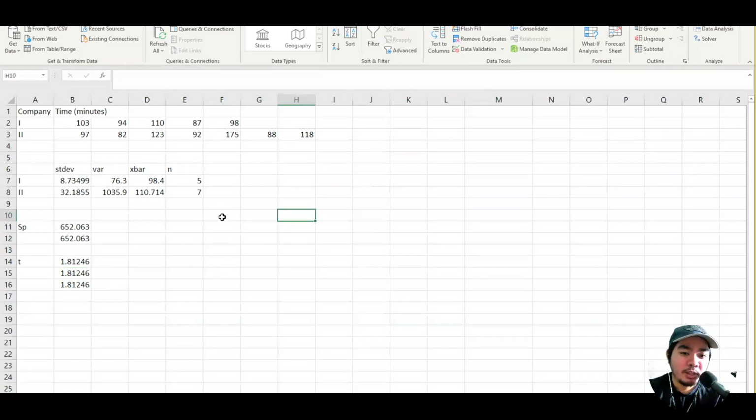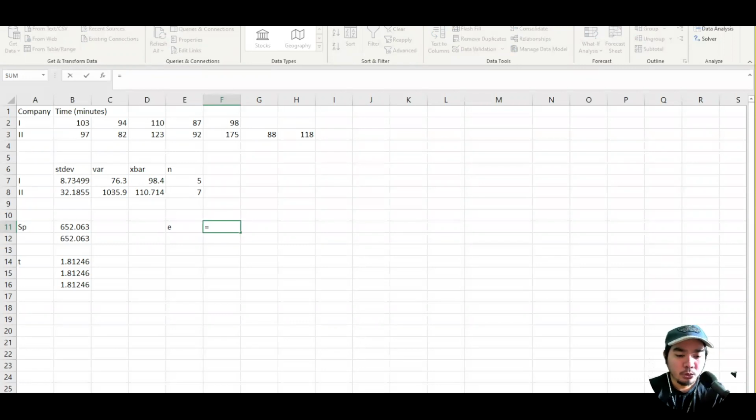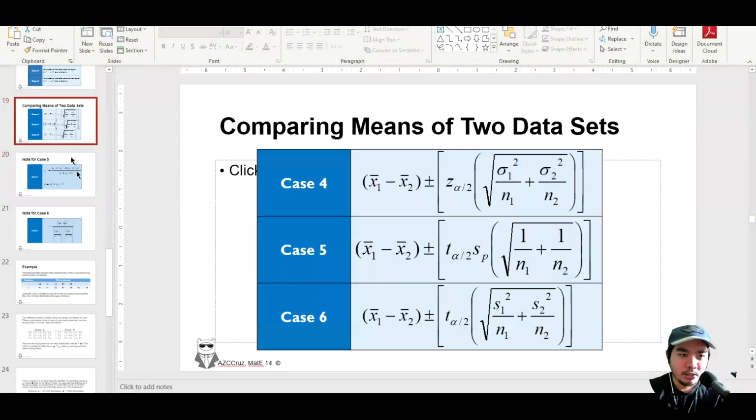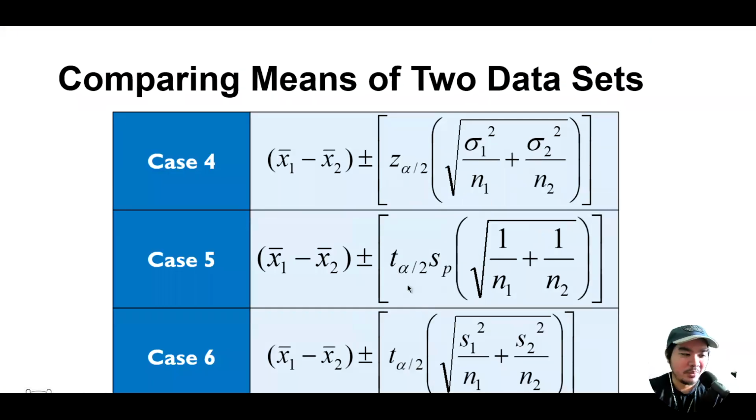So now that I have this value, I can compute my E. E is equal to the t value, which is this one, multiplied by... let me just go back. Sorry, I've been here for a while. Okay, we'll come back later.